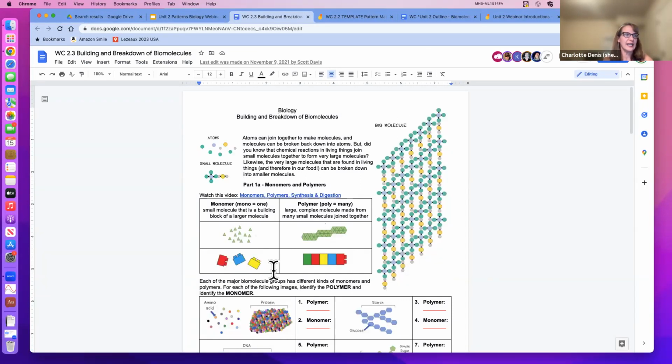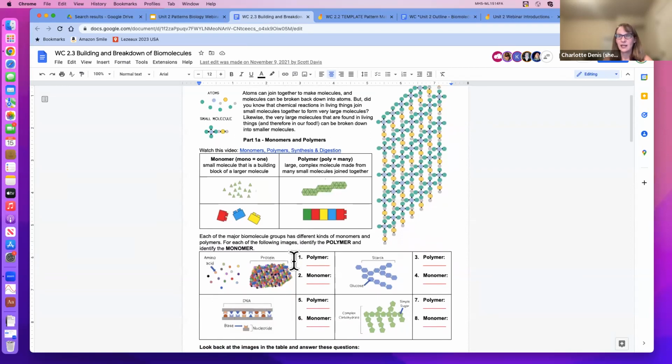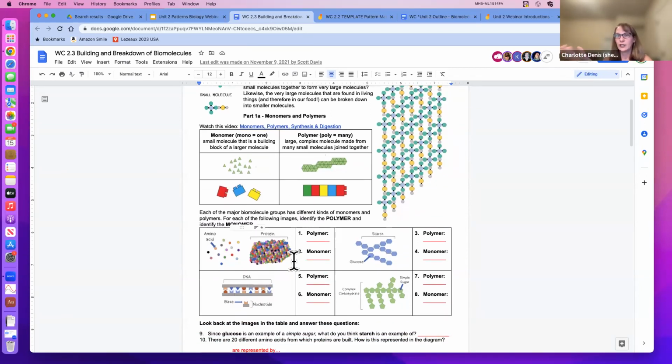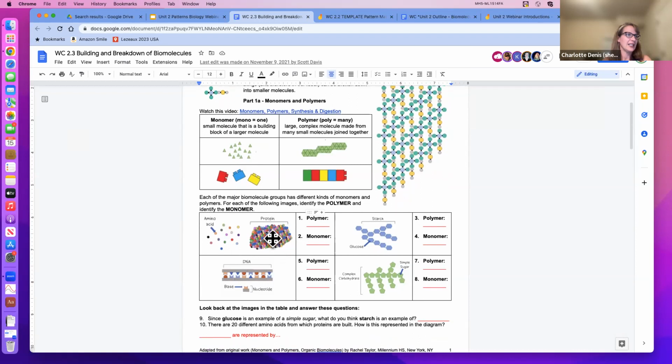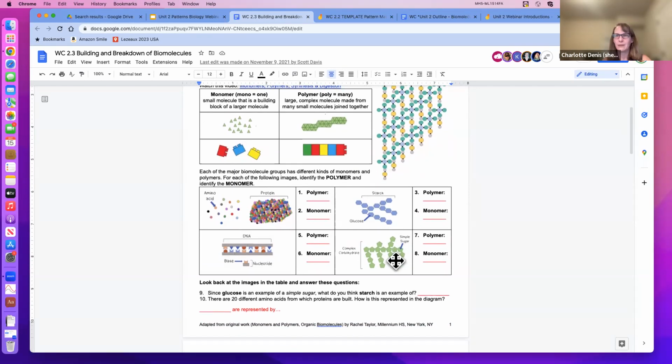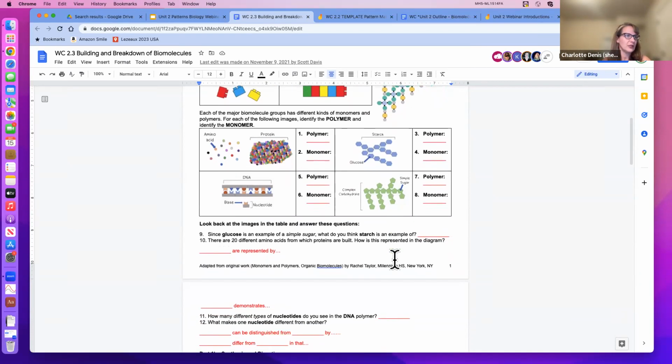So all of these diagrams are diagrams that she made, and her diagrams are also present in her videos. And so we're getting back here to the idea of what's the polymer, what's the monomer, same kind of building on what we learned in the inquiry cube.